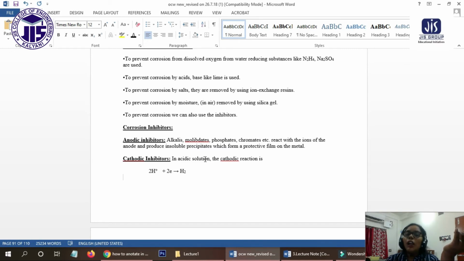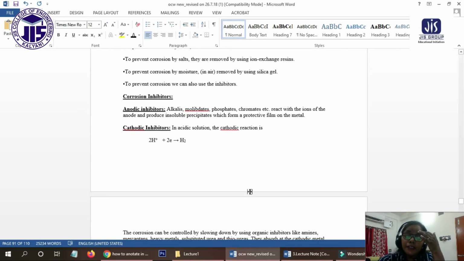And for cathodic inhibitors, at the cathode generally we have the acid condition reaction and neutral condition reaction. Now the acid condition reaction can be stopped by using a base, because base can remove that acid, right? So some of the bases are cathodic inhibitors.